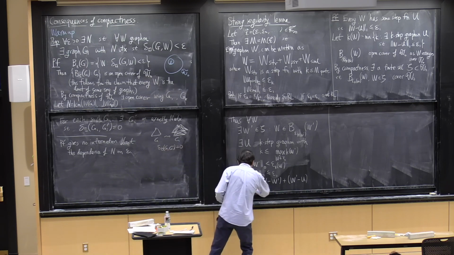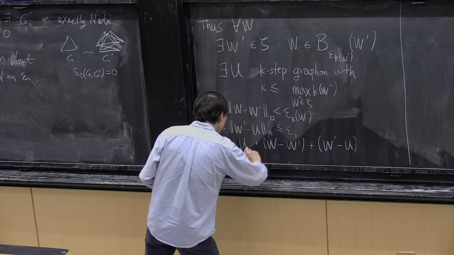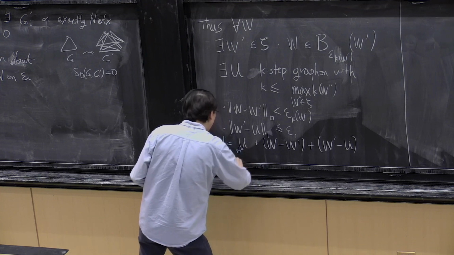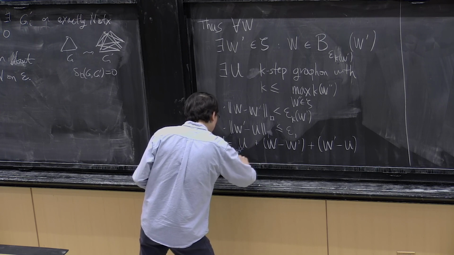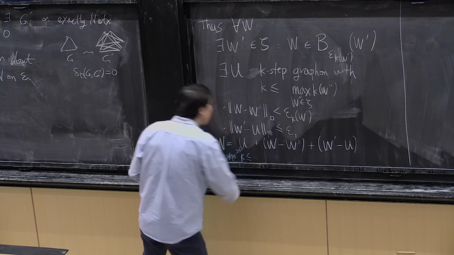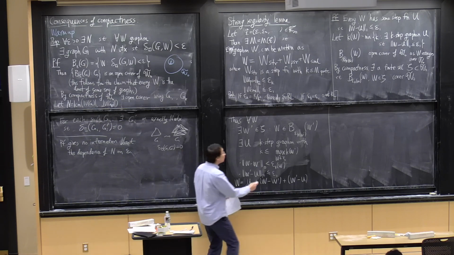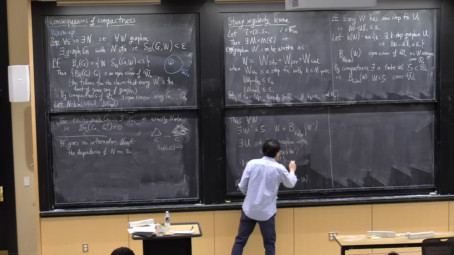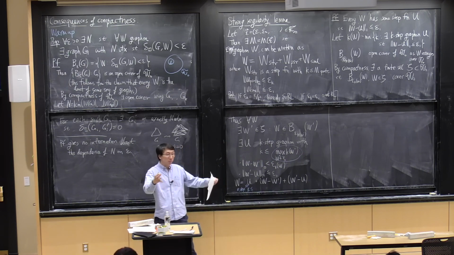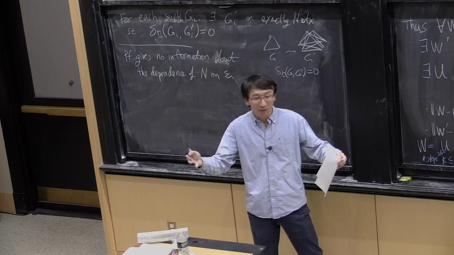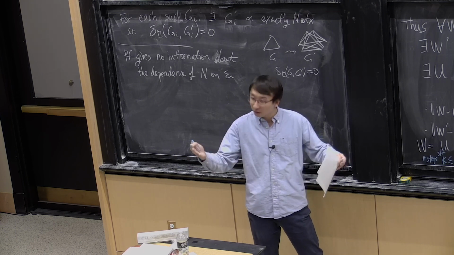The U, which is the structure component, has k steps, where k is less than this quantity here, and that quantity is just some function of the epsilons.